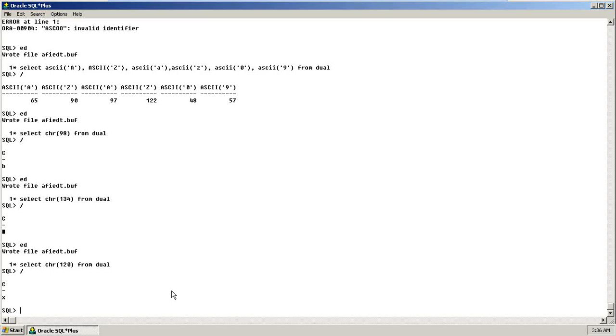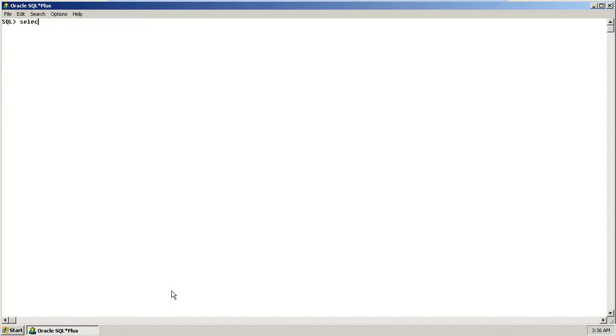So next, let us go with the numerical functions. Those are number functions. We have various number functions, like one is ABS, absolute number. Here you see select plus 50.